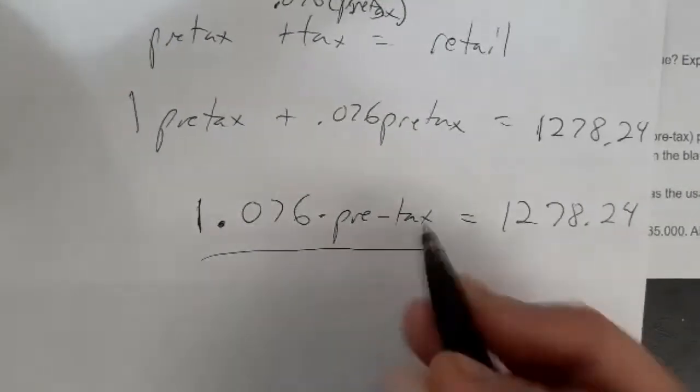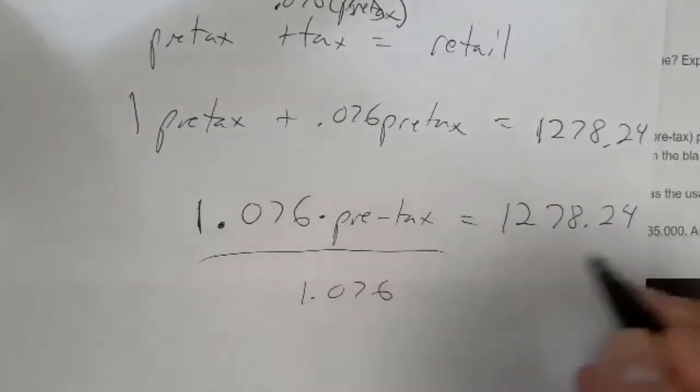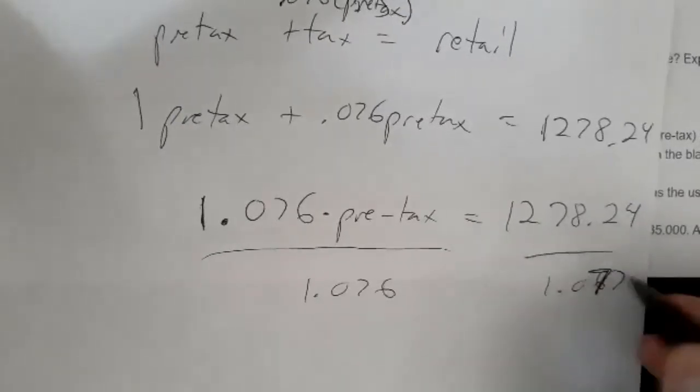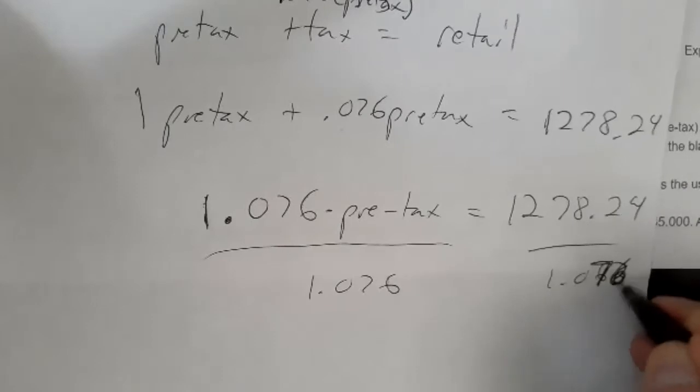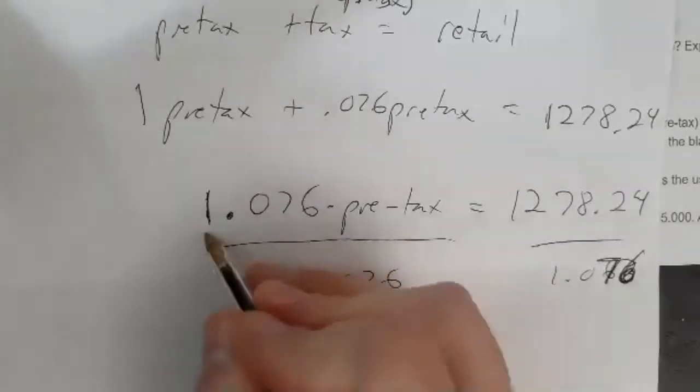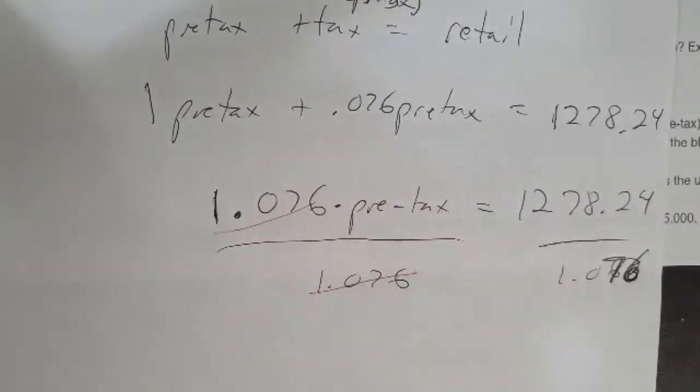What we're going to end up doing to get the pre-tax price, we're going to end up dividing because we have to divide that thing out. And so this should give us our pre-tax. Where am I at? 1278.24, and I'm dividing by 1.076.